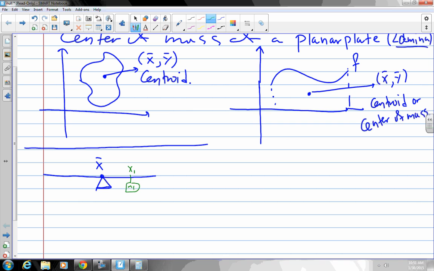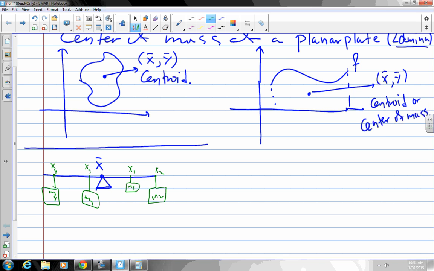I have this guy here. Let's call it M2. Location is X2. I have, I don't know, this guy here. M3, X3. And let's say I have this guy here. M4, X4.